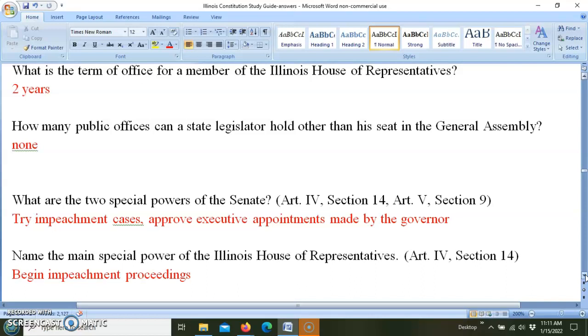And it's very much like a legal trial. And if the person is found guilty by the Senate in this impeachment trial, that person will be removed from office. So the impeachment actually has already happened by the time it gets to the Senate, and the Senate puts the person on trial to determine whether or not that person will be allowed to stay in his office or if he will be removed.